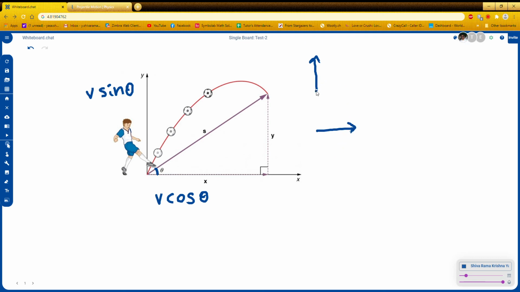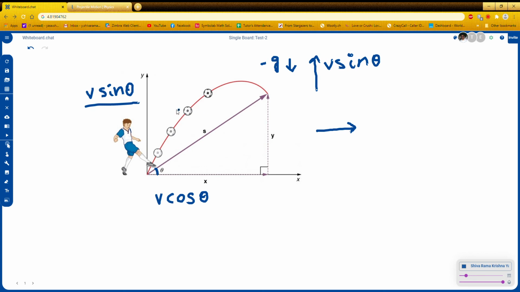So if you consider the object thrown vertically up with the velocity of v sin theta, and gravity is always acting downwards, so I'm representing it as minus g, acceleration.